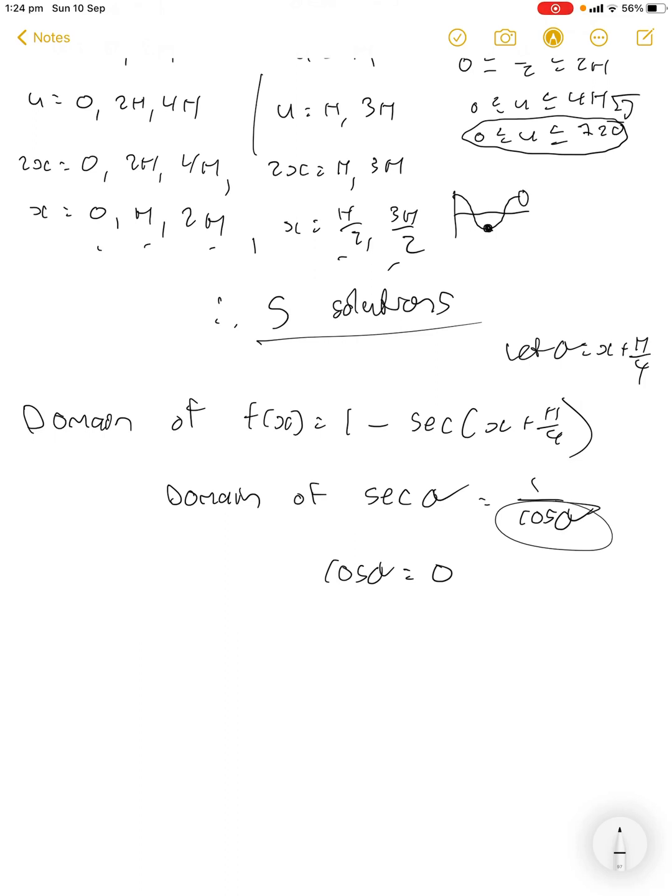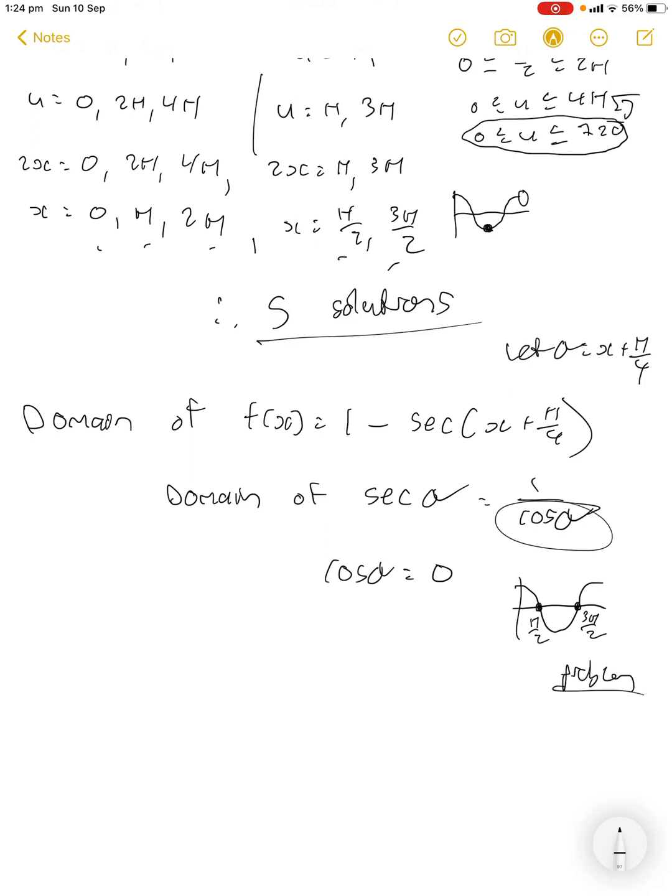So if we take a look at when cos of theta is equal to 0, from my beautifully drawn graph right there, you'll know, and if you don't, it's fine, that it's pi on 2 and 3 pi on 2. Those are the values that don't exist, that they're not going to work. We can't do it because cos of pi on 2 or cos of 90 is 0. 1 divided by 0 is problematic.